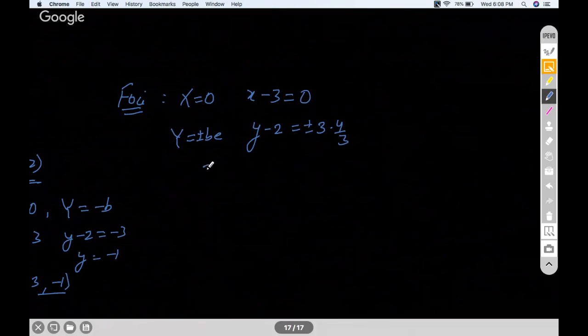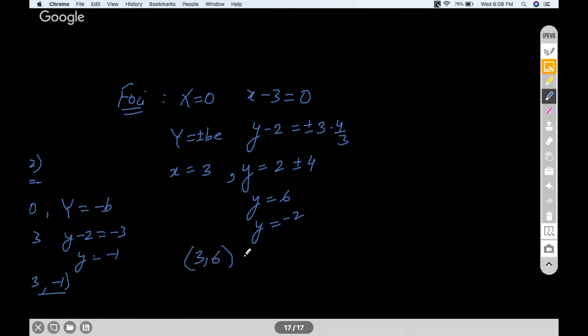That gives you 3 as x, and y could be 2 plus minus 4. So y could be either 6 or minus 2. So 3 comma 6 and 3 comma minus 2.